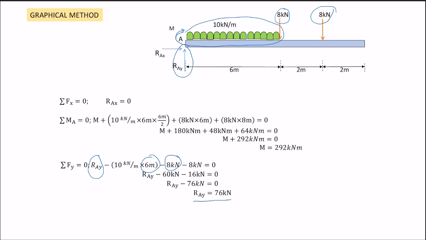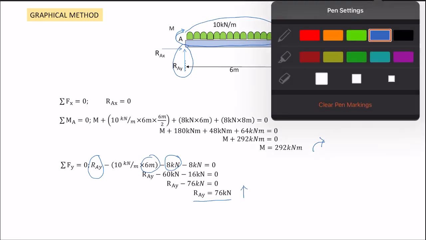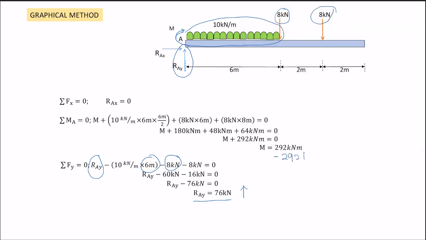The value of RAY is positive, meaning our reaction is indeed going upward. Moment is negative 292 kilonewton meter. Therefore, the moment is actually counterclockwise, opposite from our assumption, which was clockwise.